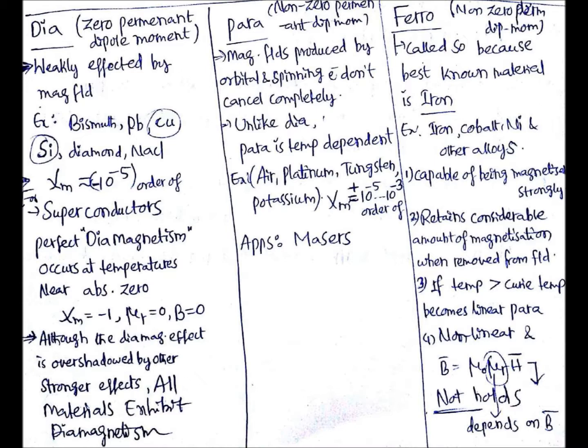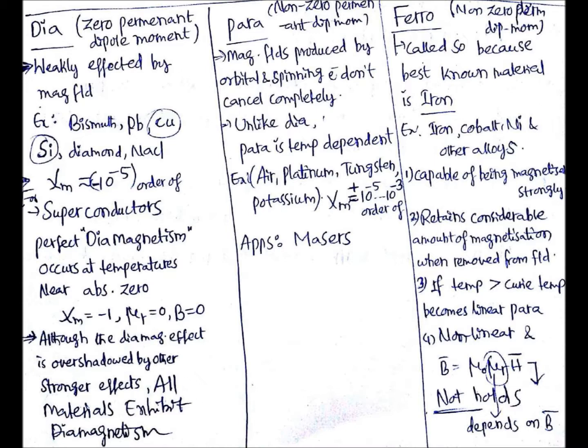Then coming to ferro, these are capable of being magnetized strongly. That means they get magnetized heavily in magnetic fields, and they retain a considerable amount of magnetization when removed from the field. So even if you remove that material from the field, it is going to retain a considerable amount of magnetism. That is important.